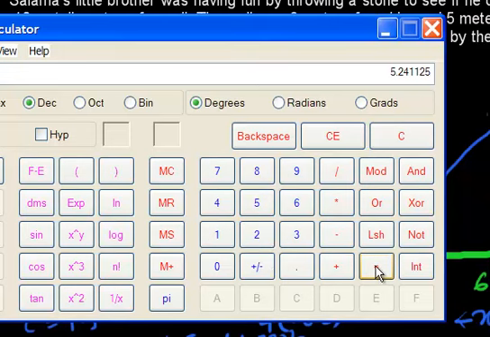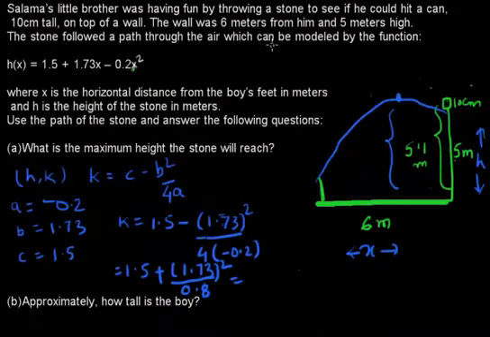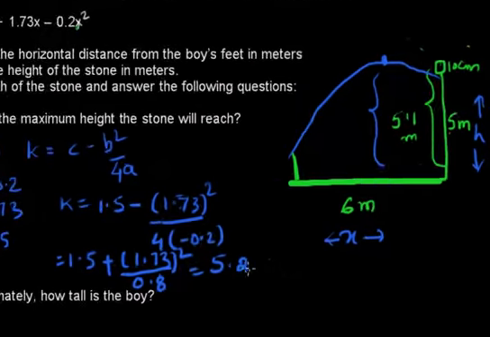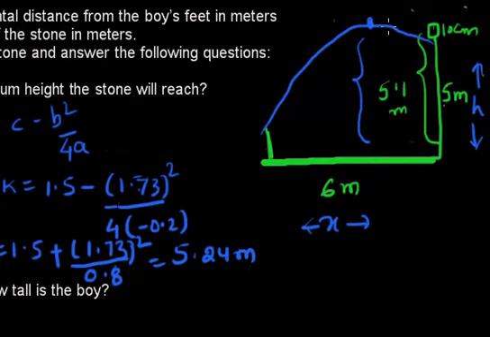So this value is 5.24. 5.24 is the answer. So the maximum height is 5.24 meters. So it will go above the total length and then it will start falling down. The parabola path reaches the maximum point and then it starts falling down.